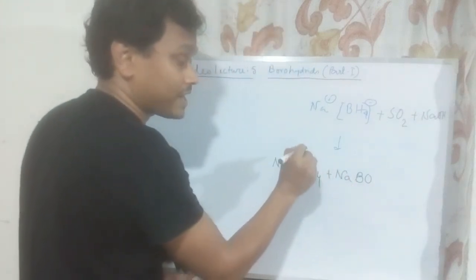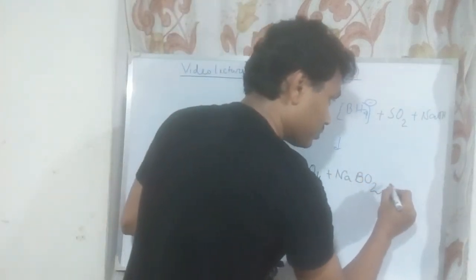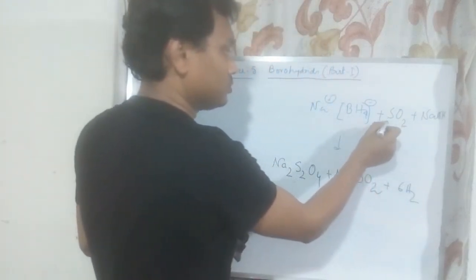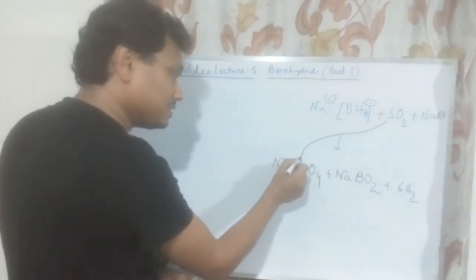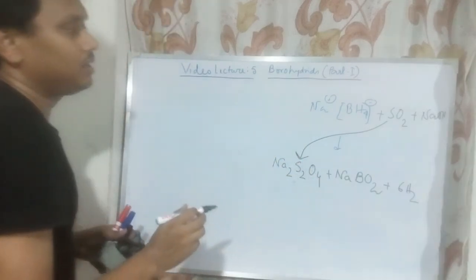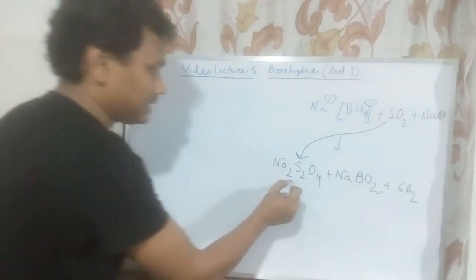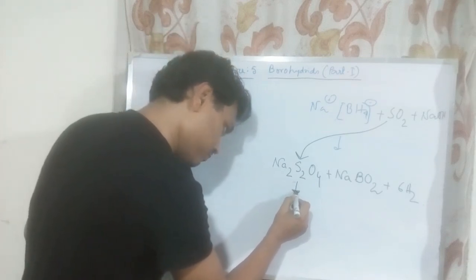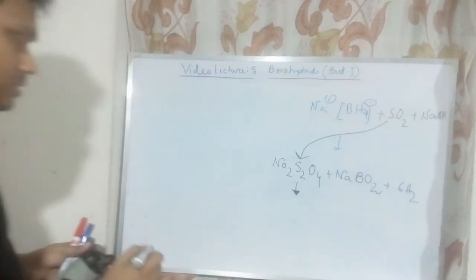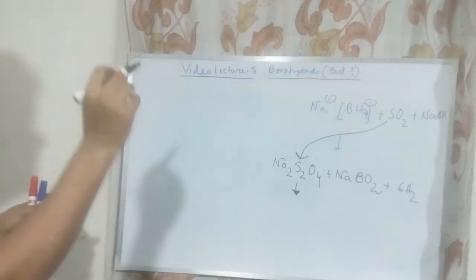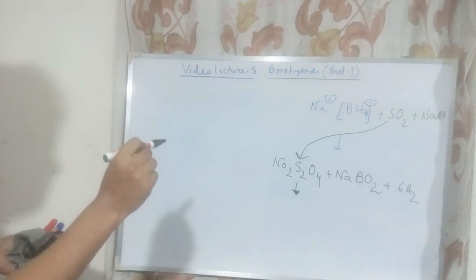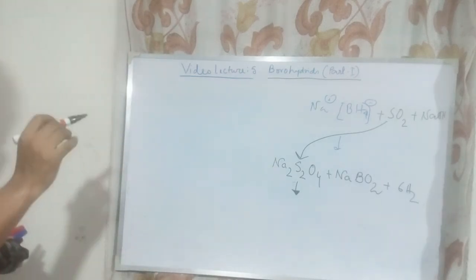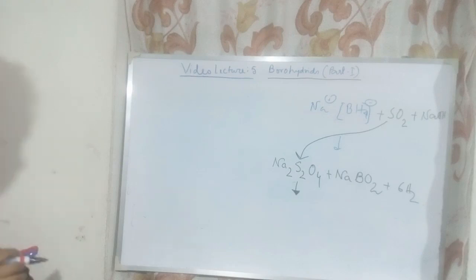Previously we also showed the reaction with water producing sodium borohydride and water. Here SO2 is converted into dithionite. This material acts as a bleaching agent in wood pulp. It has a very good industrial application. So this is one of the biggest applications of sodium borohydride, in the preparation of sodium dithionite.